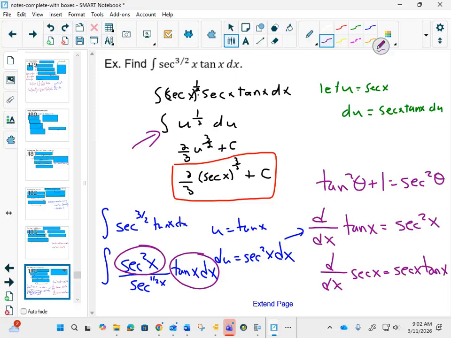So I have a problem. Is there any way I can manipulate things to make it go away? I don't see any way that I can manipulate it to go away. Becomes a problem. Okay? By making the u secant x, my derivative gets rid of tan x and part of the secant x's, which allows us to get rid of everything and makes that the better option.